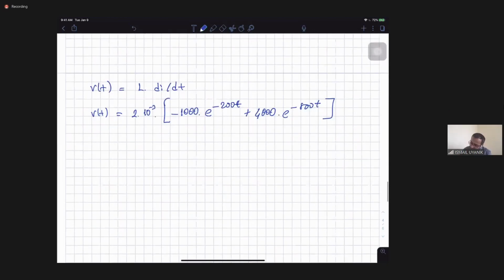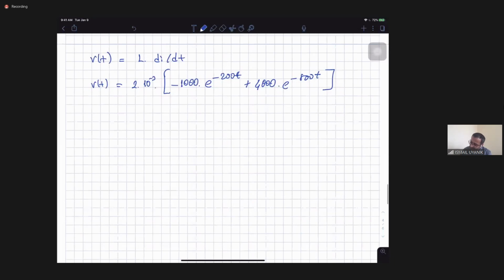And then now V of t, I can just multiply everything with this coefficient here. It's easier than I planned. That will be just minus 2 times e to the minus 200t plus 8 times e to the minus 800t, and that is in the units of volts now.